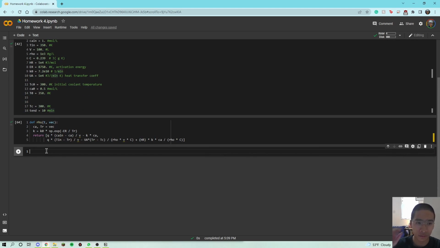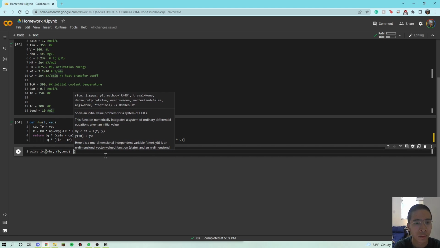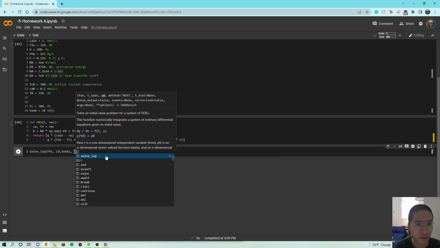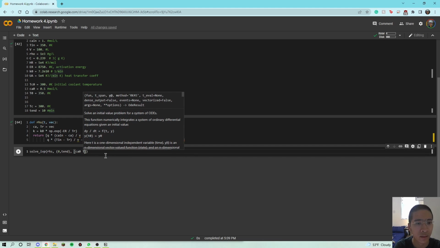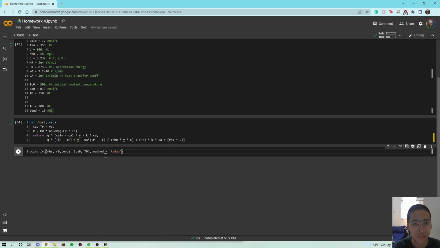We move on to solve the IVP, solve_ivp, which wants our function right hand side, a tuple of the T span, which is 0 to T end, our initial conditions, that being CA naught and T naught, and the method, which in this class we always use RK45.